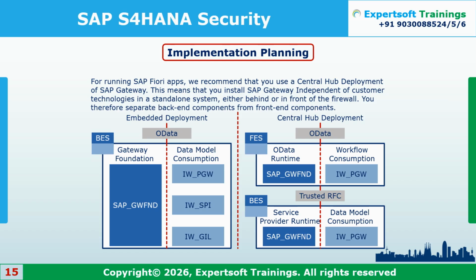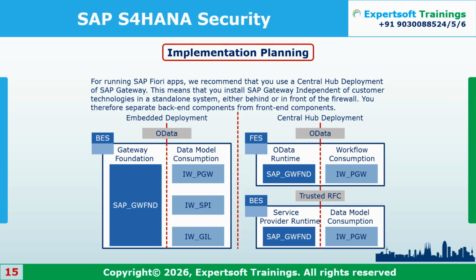So in central hub more time is taken, but in embedded deployment more time is not occupied. In central hub we create a role in the front end system as well as in the back end system. Here we create only one role, not again and again.